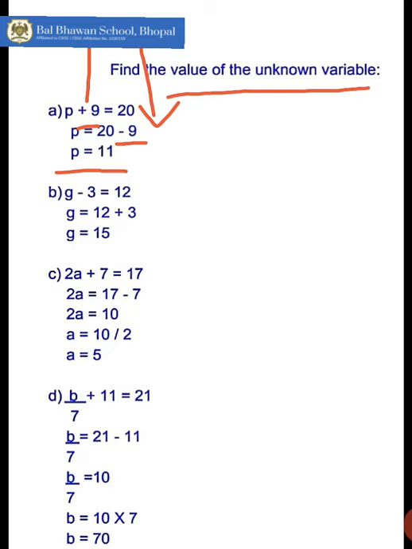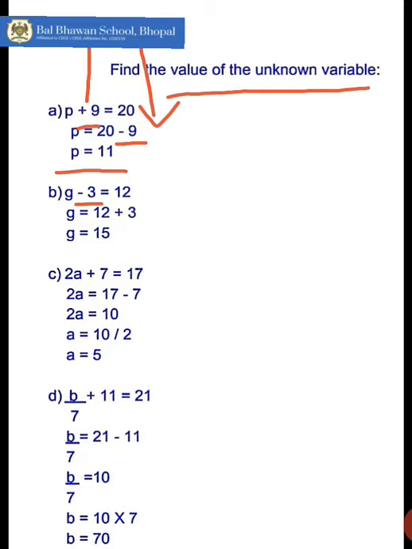Now the next part. g minus 3 is equal to 12. Here you have minus 3 on the left hand side, and we know that we have to find the value of g, that is the variable.